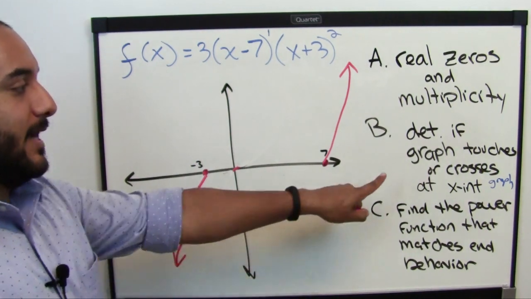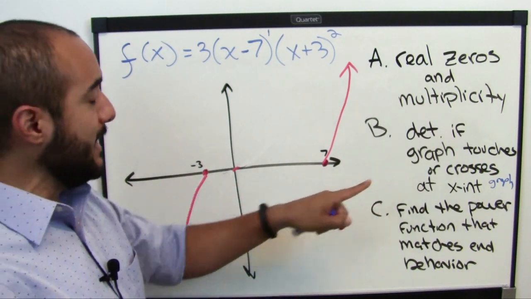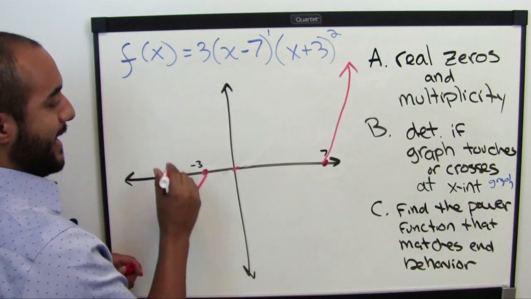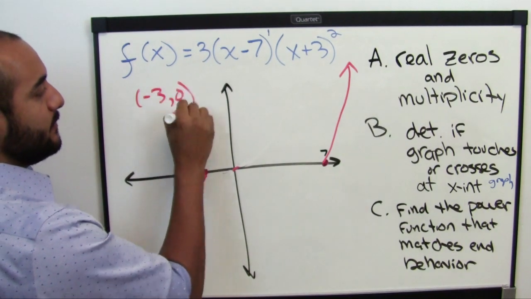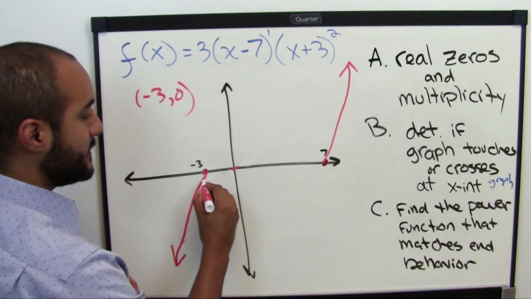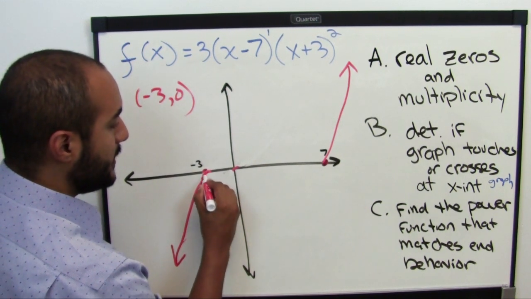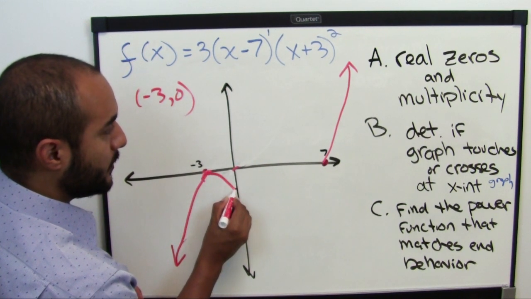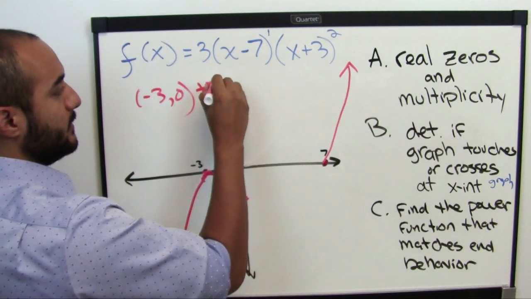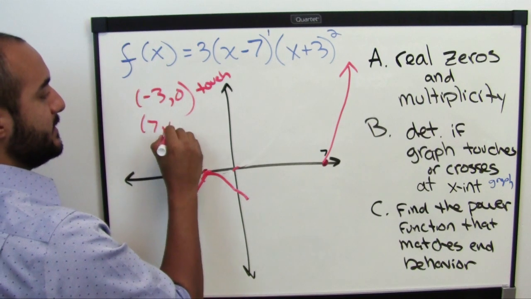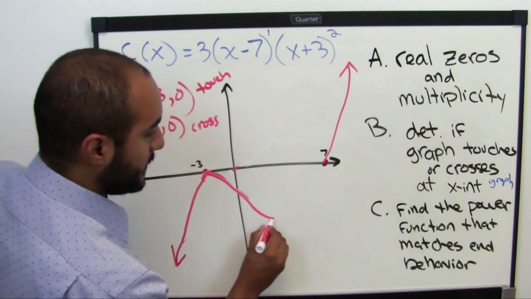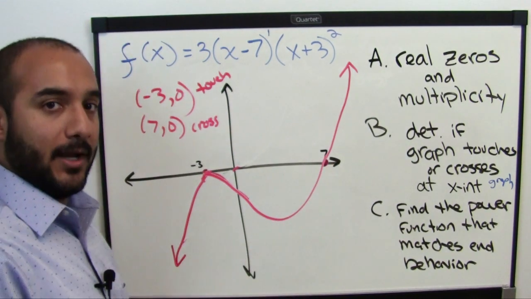Well, that's what part B was for. We said that at -3, 0, this had a multiplicity of 2, which is even. Therefore, it's going to touch and come back down. And at 7, 0, it was going to cross, so we know that at some point it will go back up again.